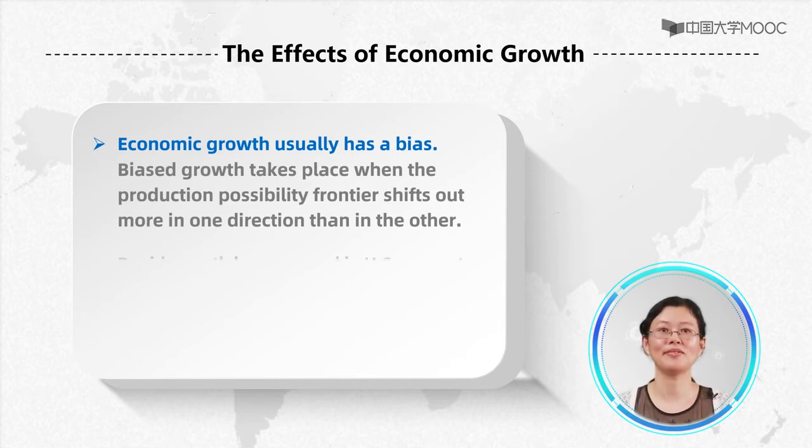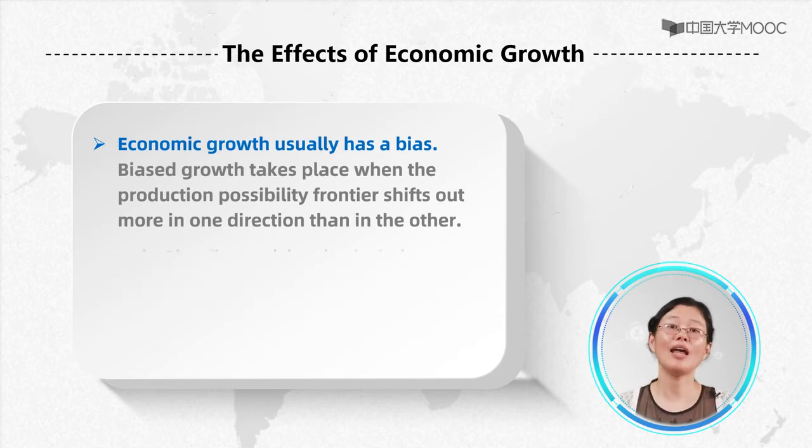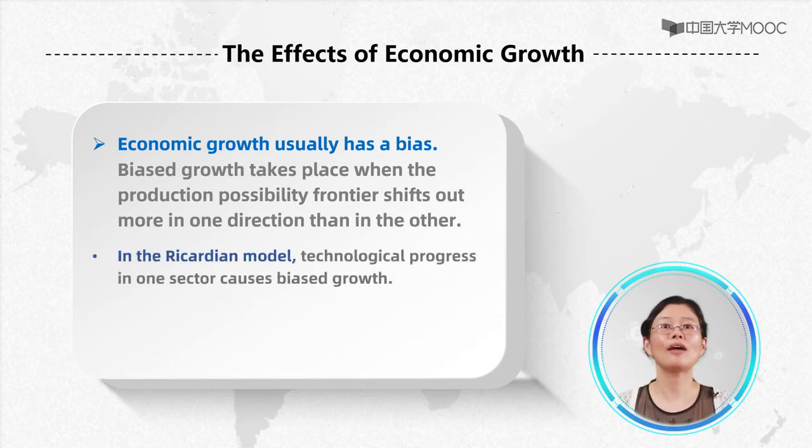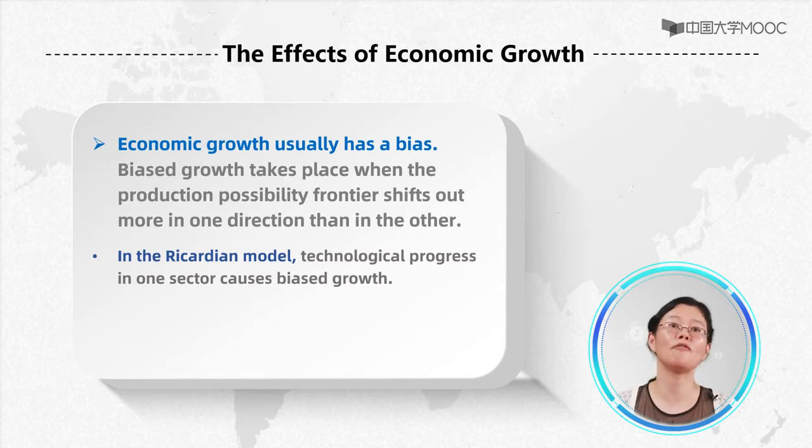For example, rapid growth has occurred in the United States computer industry, but relatively little growth has occurred in the United States textile industry. In the Ricardian model, technological progress in one sector of the economy will expand the economy's production possibilities more in the direction of that sector's output than in the direction of the other sector's output.